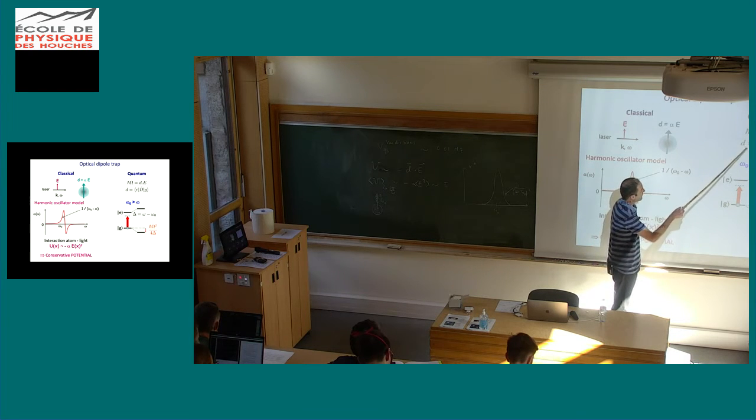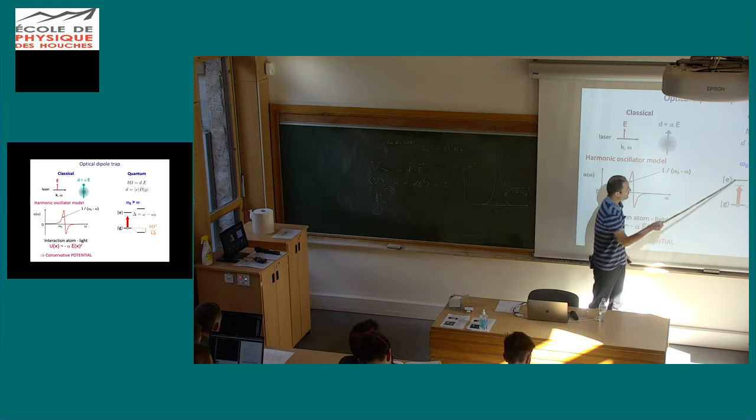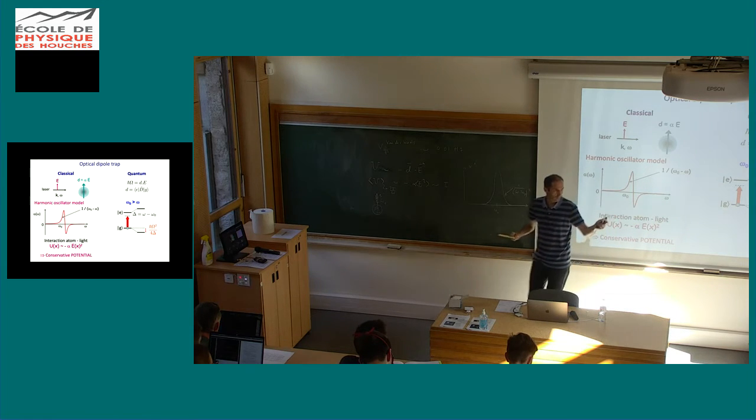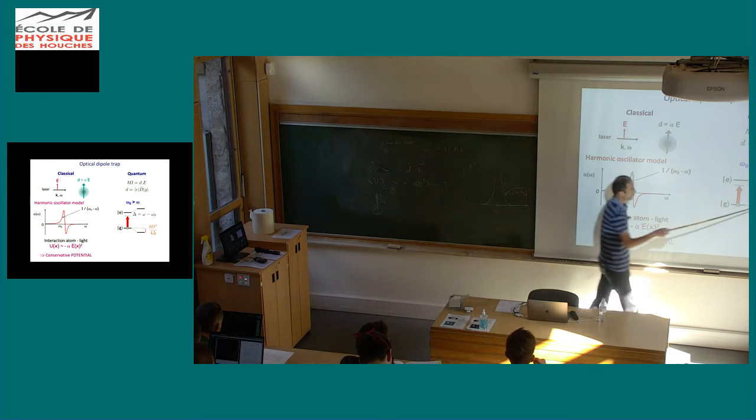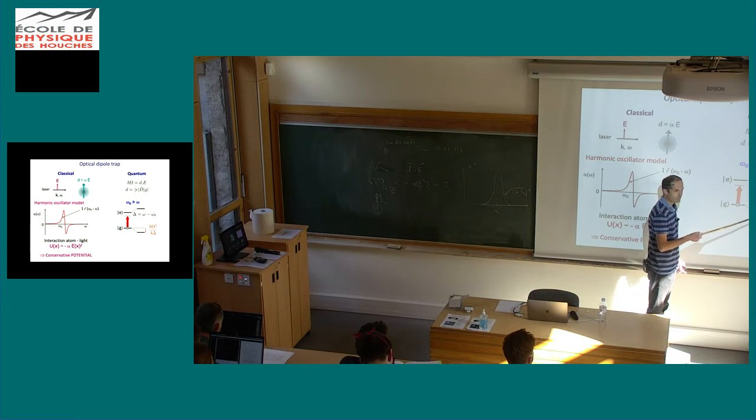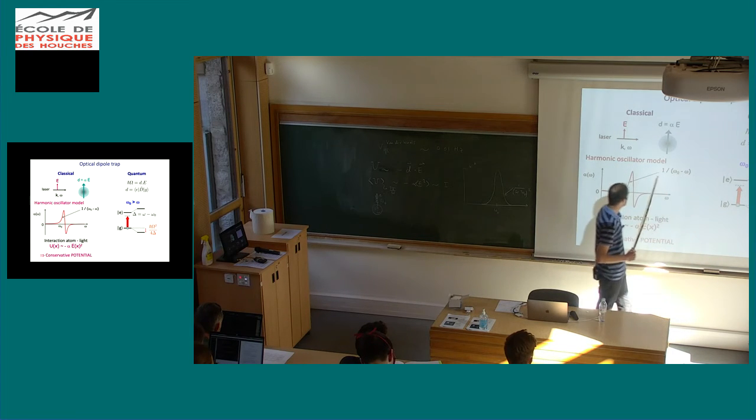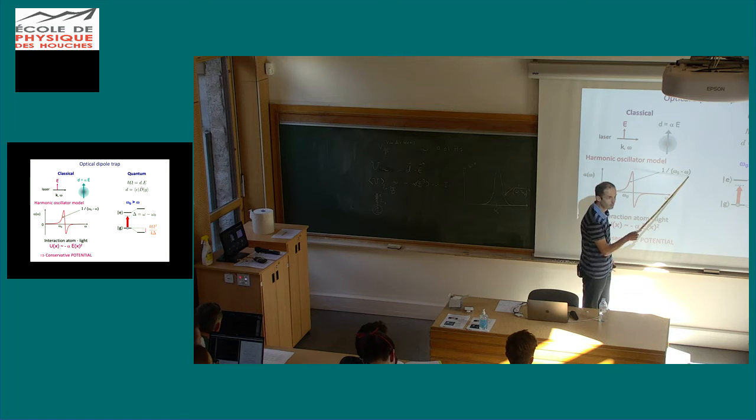You may remember that then those two energy states are shifted by the AC Stark shift, which is essentially the square of the Rabi frequency divided by the detuning. The detuning is this quantity, omega naught minus omega. Okay, you remember that? Most of you, you've seen this.